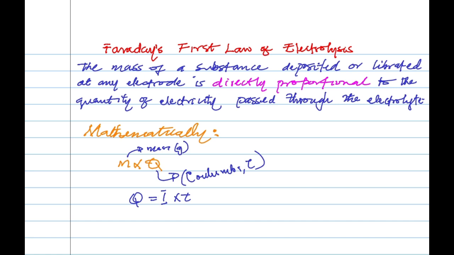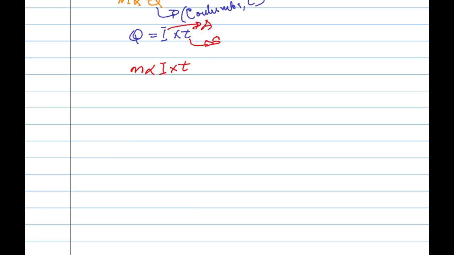So we can substitute for Q in the above equation, and we have m is directly proportional to I times t. Again, this is still a proportion. It is not an equation yet. So how do we turn this into an equation? If we do, we'll be able to use it for our calculations.